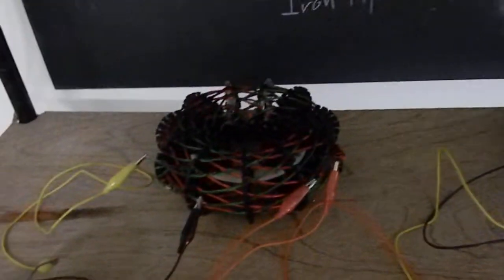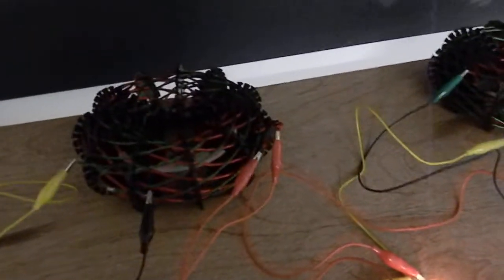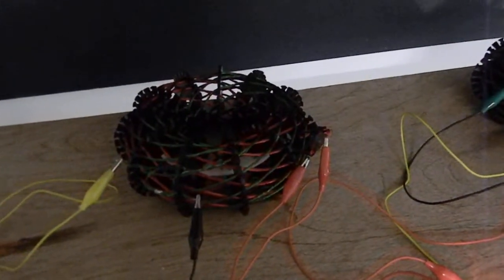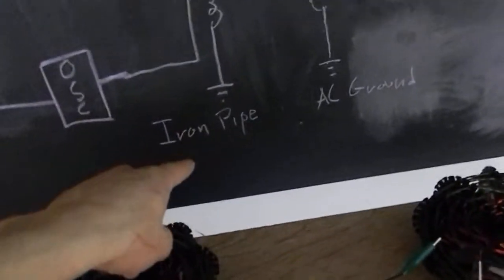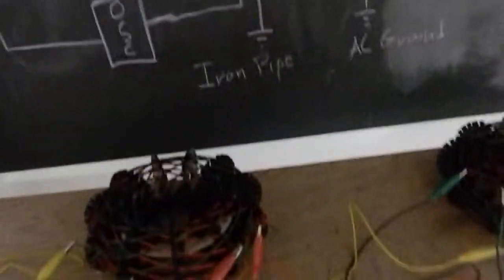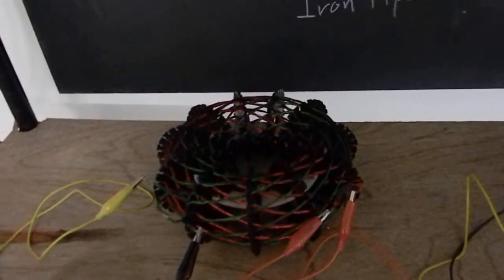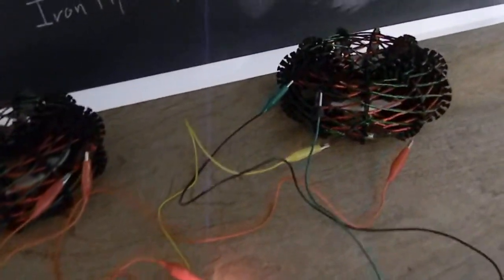trying to get more energy out of a system with mutual induction is like trying to put energy out into the air and recover it. It's not gonna happen. But when you put energy into the ground via iron pipe, or just if it's grounded to earth, the resonance becomes conserved, and you can light up as many of these lights as you build receivers for.